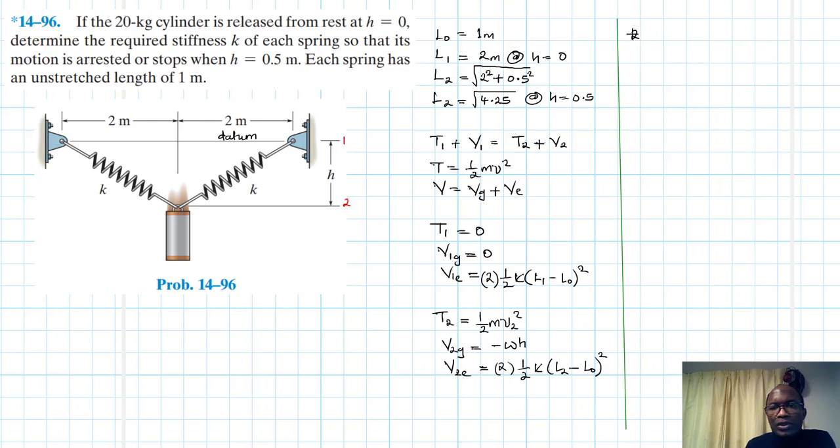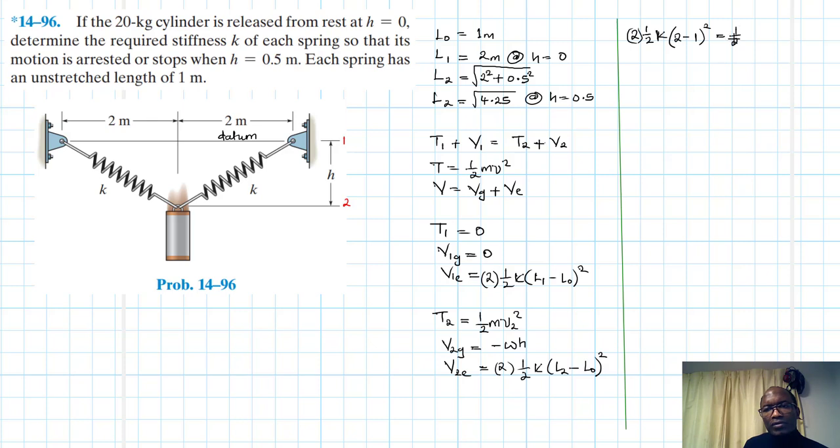We have 2 times half K, K is what we are looking for, and then L1 is 2 minus L0, which is 1, right? So 2 minus 1, squared.